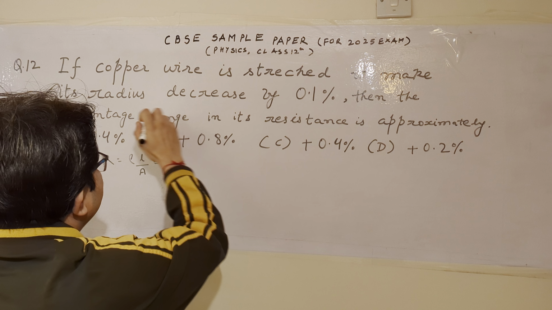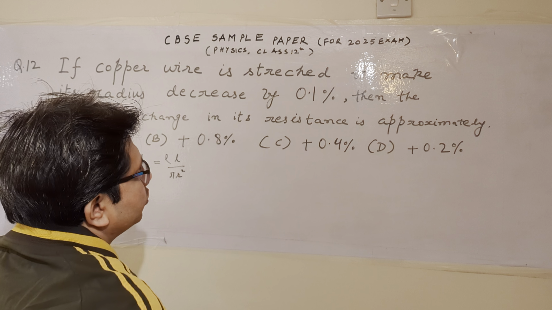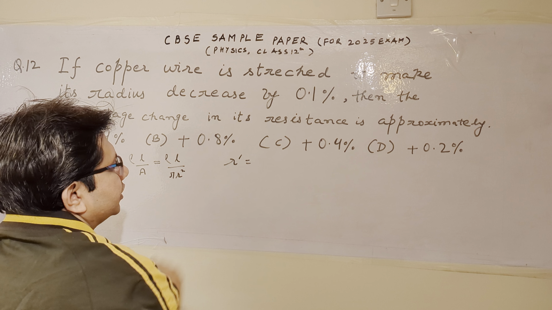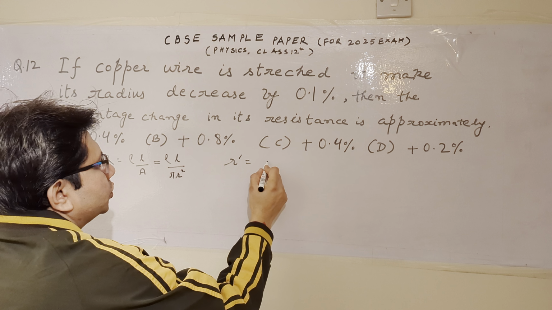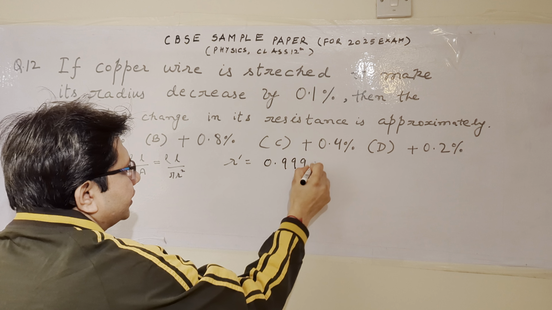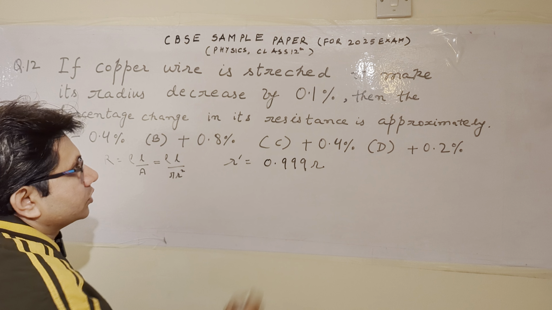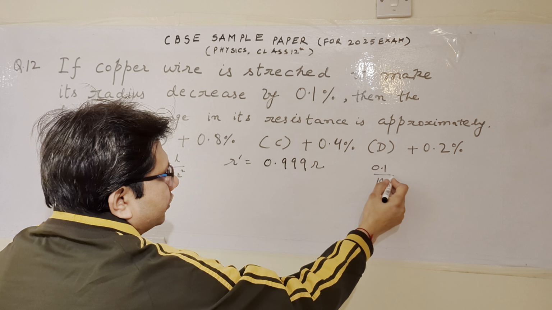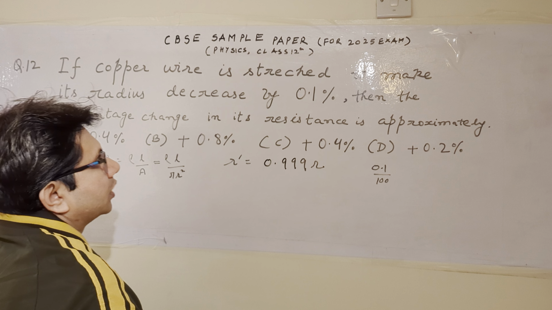Now it is said that the radius decreases by 0.1%. So we can say that the new radius is equal to 0.999 times r, because 0.1% means 0.1 divided by 100, which is 0.001.